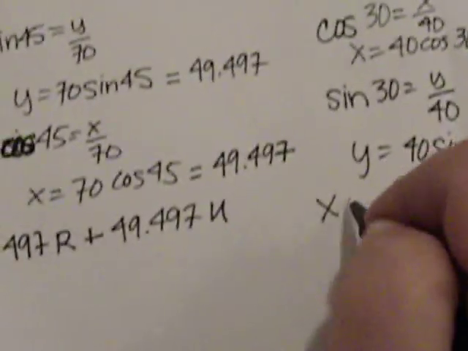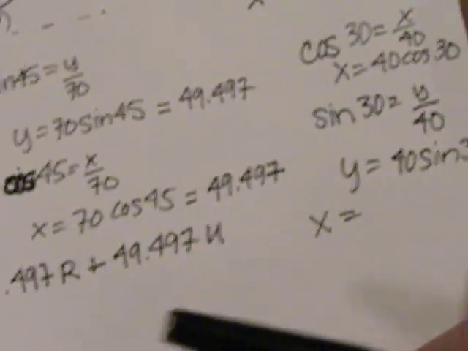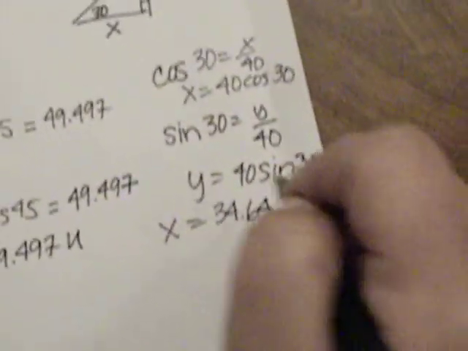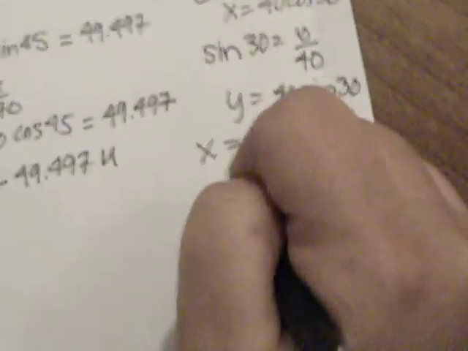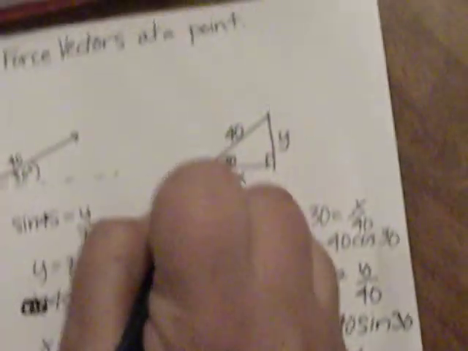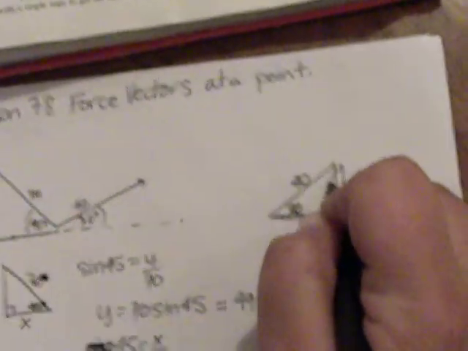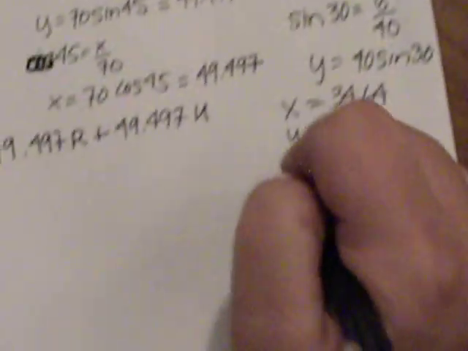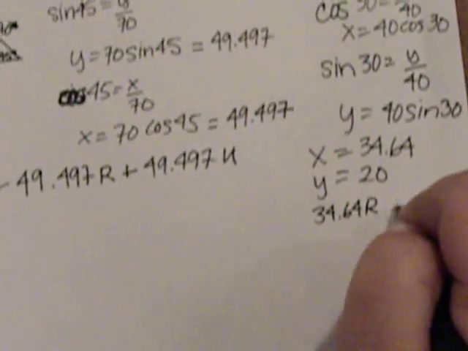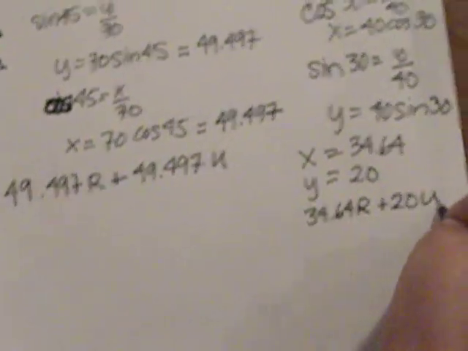When you plug that into your calculator, 40 cosine of 30 is 34.64. 40 sine of 30 is 20. Your x is going in a positive direction, your y is going in a positive direction. So 34.64 r plus 20 u.